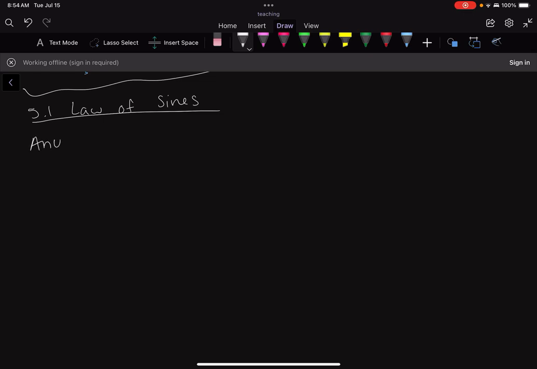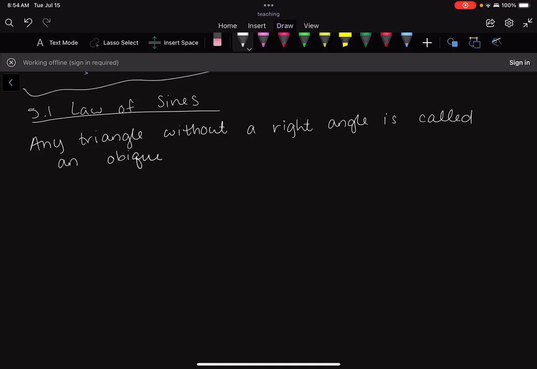The type of triangle we're going to be working with is called an oblique triangle. So let me write this out for us. Any triangle without a right angle is called an oblique triangle.